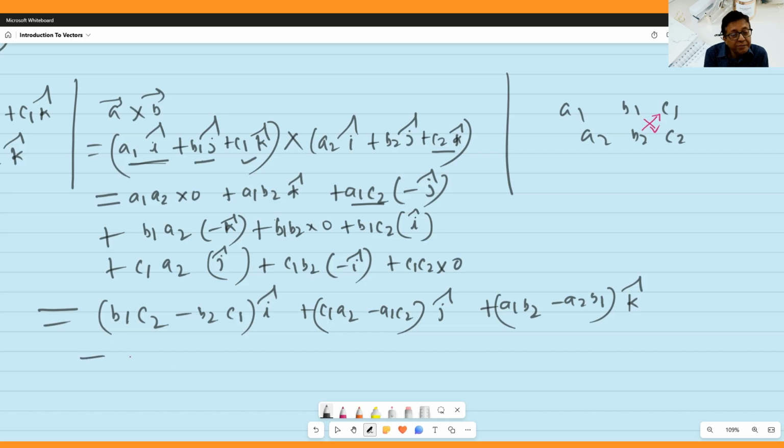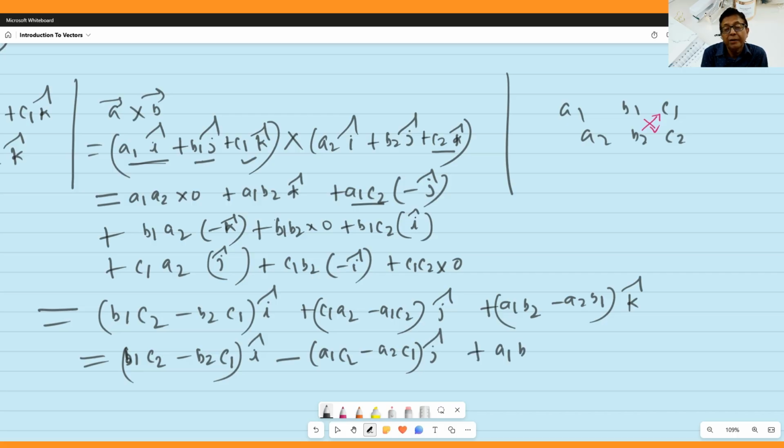It is B1 C2, B2 C1, I cap, minus A1 C2 minus A2 C1, J cap. Am I correct? What's the difference with the previous step?